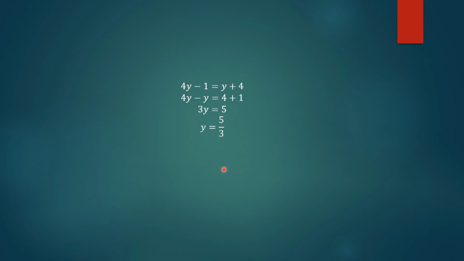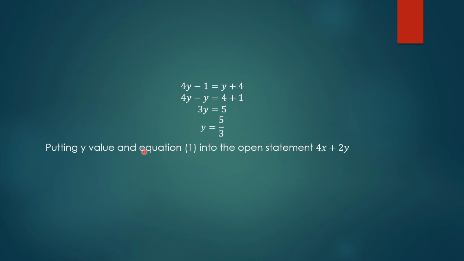So we put the value of y into the expression for 4x plus 2y. It means that we just have to maintain this 4x. We can use either equation 1 or equation 2. I would like to use equation 1, that is y plus 4.